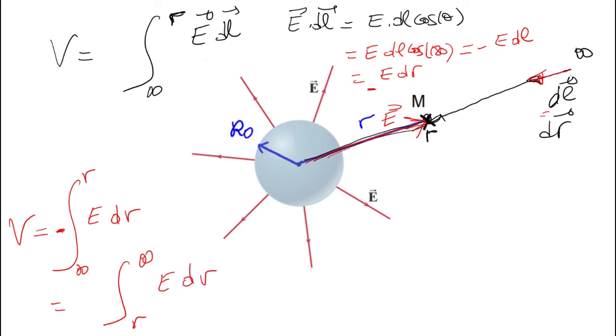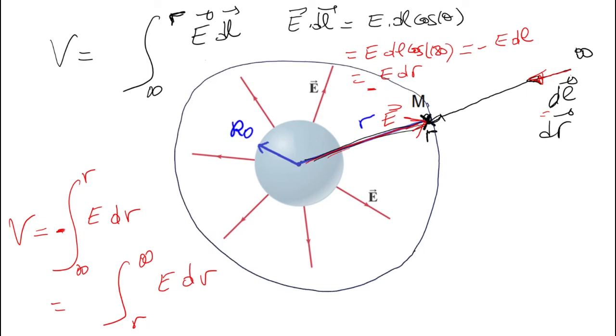Now, to find the electric field at this point, we use Gauss's law. For Gauss's law, we explained it in the previous videos. So to find the electric field, we use Gauss's law, and this electric field should be just Q over 4 pi epsilon 0 r squared.